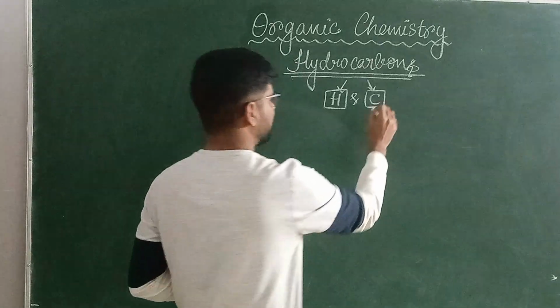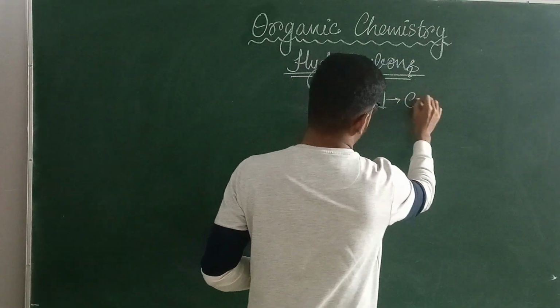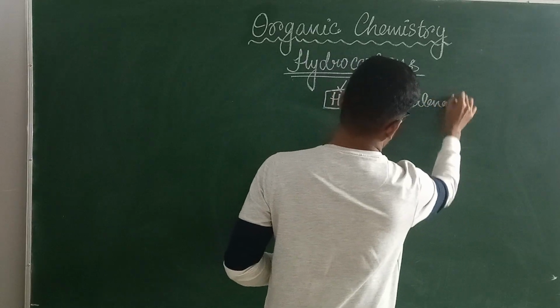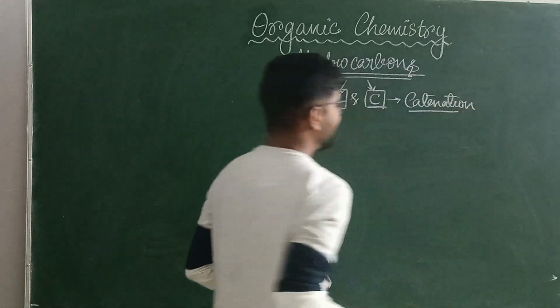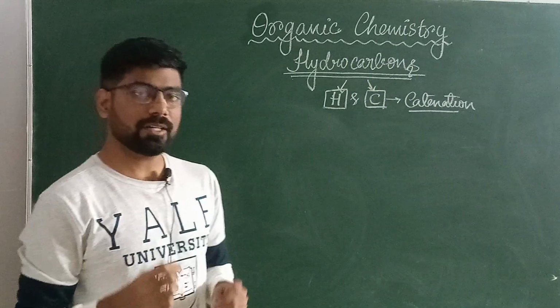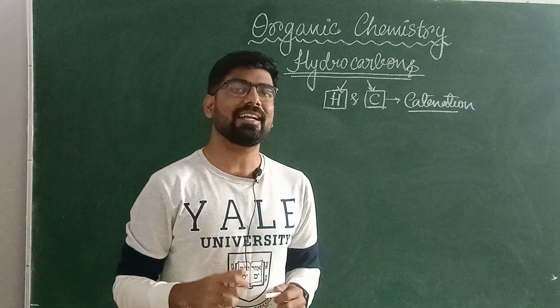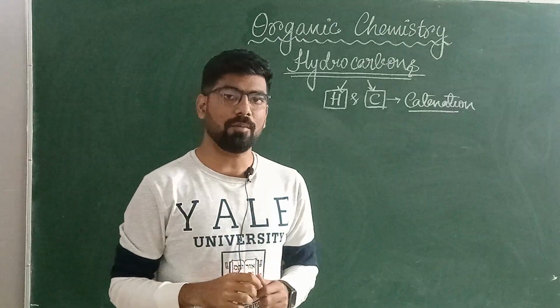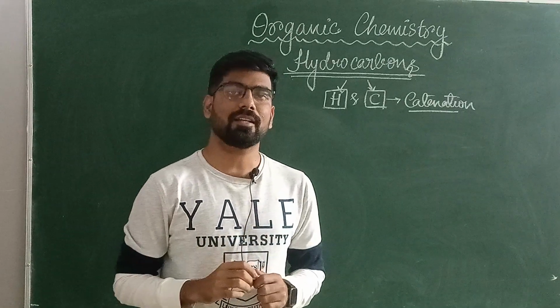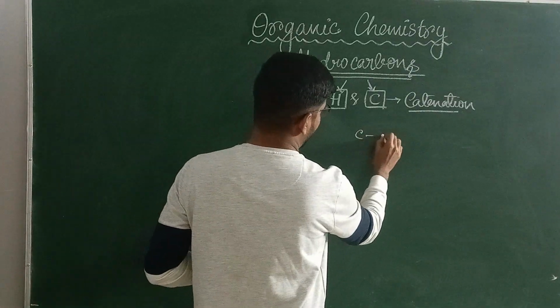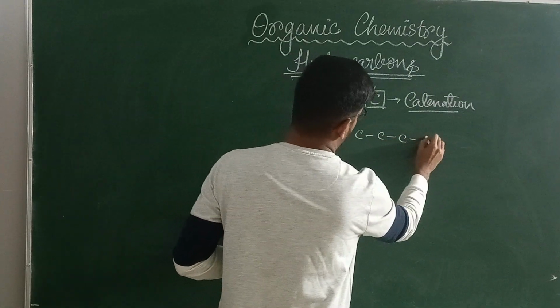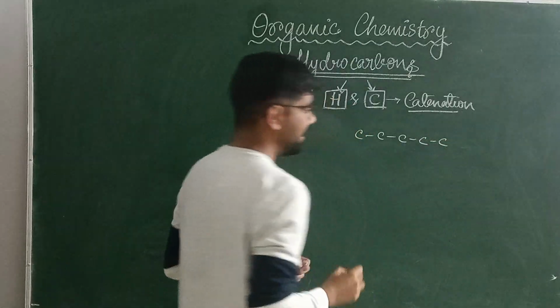Carbon has one property, we call it catenation. What does the property say? It is the tendency of carbon to form long chains with other carbon atoms, right? So carbon can combine with another carbon to form very long chains.